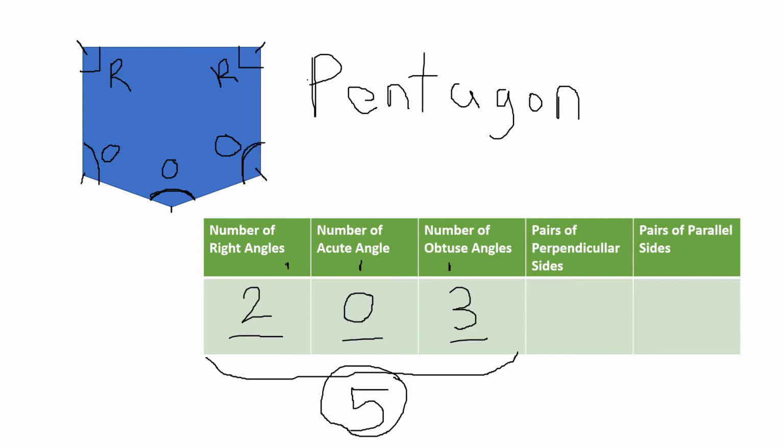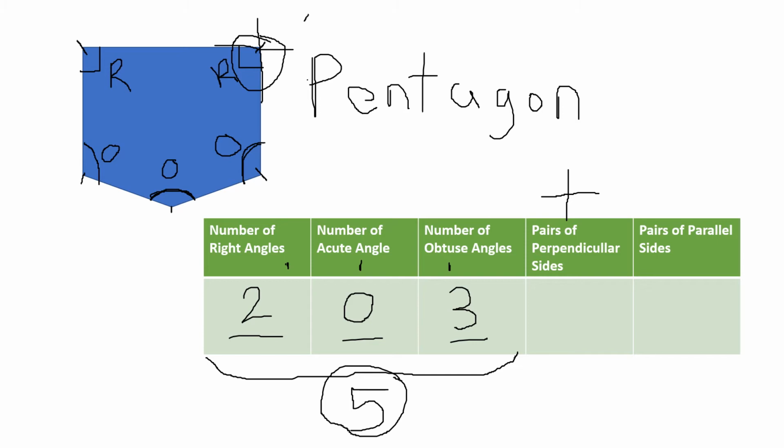Next up, we have pair of perpendicular sides. Anytime you have a right angle, you have a pair of perpendicular sides. So I know that I have one right angle right here. So that is telling me that this and this are perpendicular.